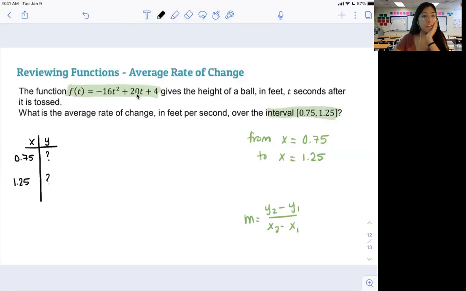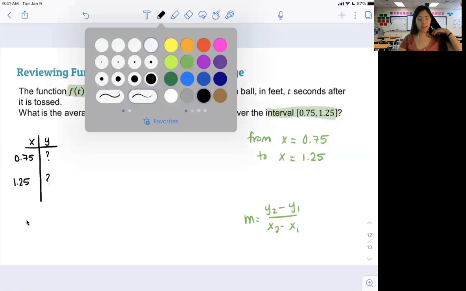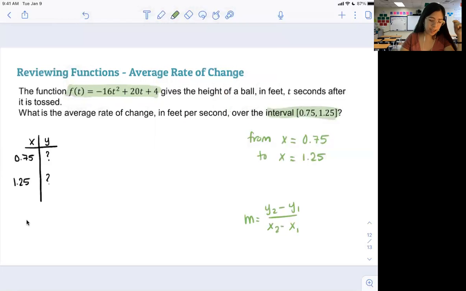However, I have a function equation, so what can I do with the numbers 0.75 and 1.25? Good, Ijara. We are plugging those in. That is exactly what we're doing. So starting with 0.75. And as you can probably guess, calculators are allowed.